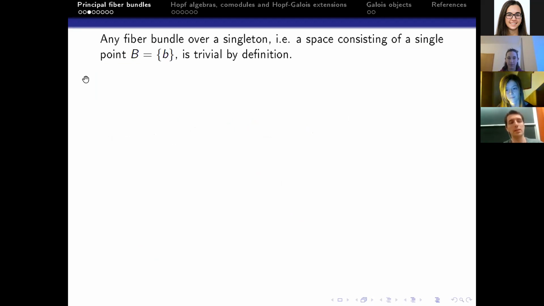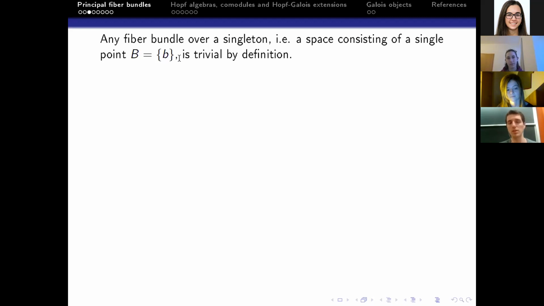Now, a not very interesting result, but necessary for our talk, is that if we take the simplest possible space as a base space, so a base made out of just a point B, any fiber bundle over this space is trivial by definition.